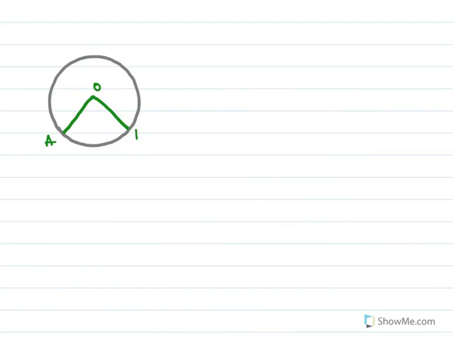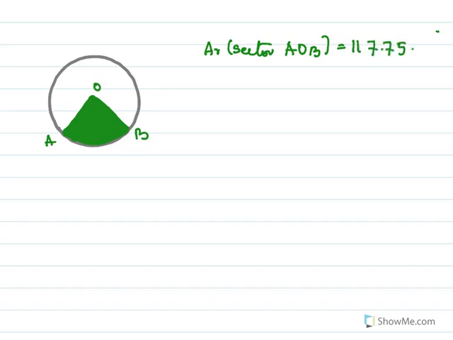So now this was AOB. We found area of sector, this entire sector. So area of sector AOB is equal to 117.75 centimeter square.